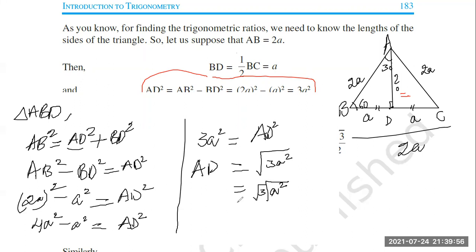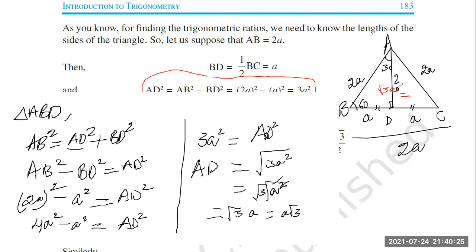Root 3 का 3 के ऊपर root as it is रहेगा, a square and square root gets cancelled, we are left with a. That means AD is root 3a. अब यहाँ पर हम लिखेंगे उसी वैल्यू को, this is root 3 into a. अब देखें ABD राइट ट्रायंगल, जिसके अंदर we got all the three sides.